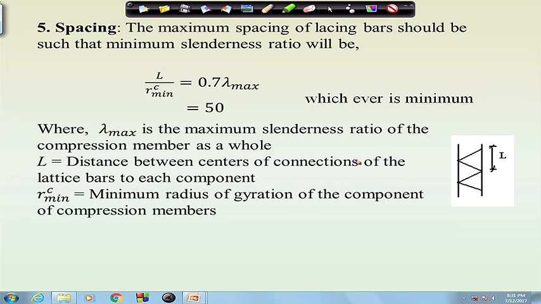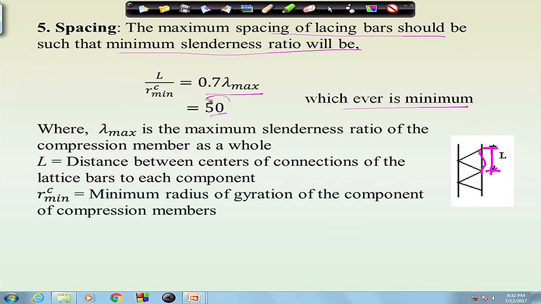Then spacing. Spacing means the distance between two lacing members, which is called spacing, L, and because the member may buckle locally like this, to take care of this buckling, the Codal provision says that the maximum spacing of lacing bar should be such that the slenderness ratio should be 0.7 lambda max or 50, whichever is minimum.